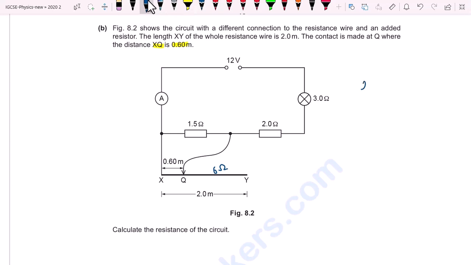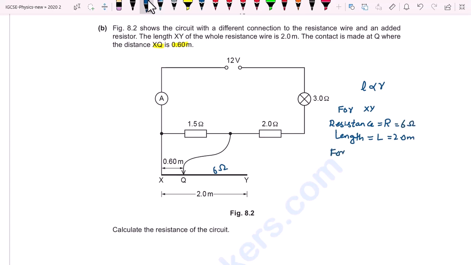As we know that length is directly proportional to resistance, if I consider that for capital X, Y, resistance is capital R, and length is represented by capital L, and it is equal to 2.0 meters and resistance is equal to 6 ohms.